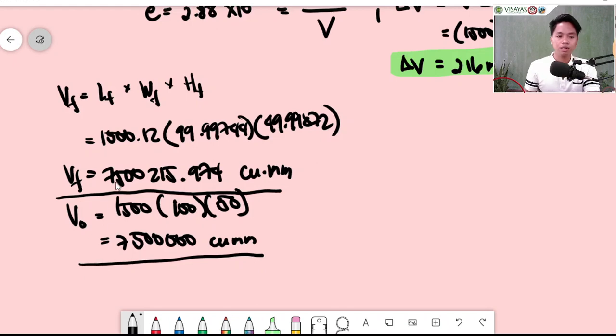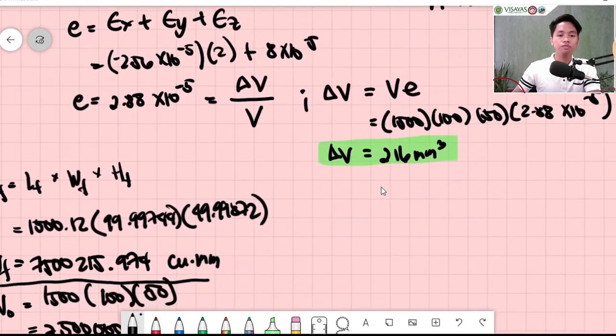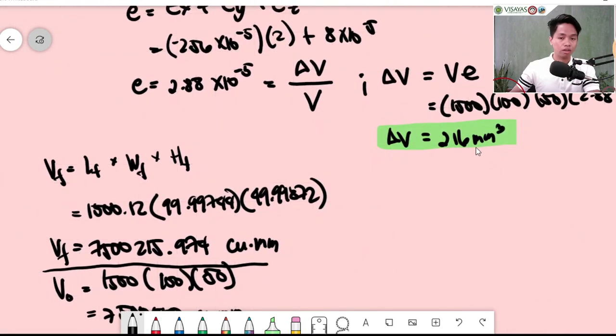So based pa lang diri sa figure nila duha, kabalo ka nga may increase ang ato ang volume from 7,500,000 to mahimo siyang 7,500,215, or imo siya i-round off, ni increase siya og 216, which is na-solve na to siya sa ato ang volumetric strain gamit lang, right? Gamit lang ang volumetric strain. So therefore, our change in volume is correct. That is 216 cubic millimeter.